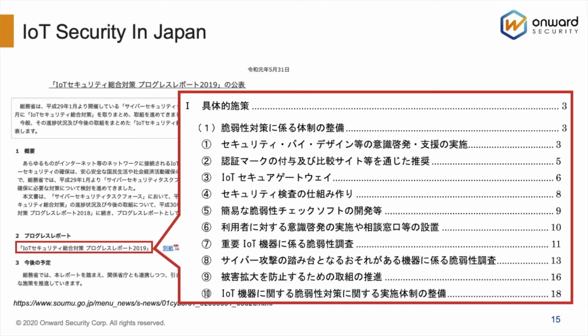And in Japan, they also have an IoT security report suggesting that all IoT manufacturers follow its countermeasures. For example, just like I mentioned for SB 327, you have to use a different password, or you have to check that your open source library is the latest and there is no known vulnerability in your IoT devices.